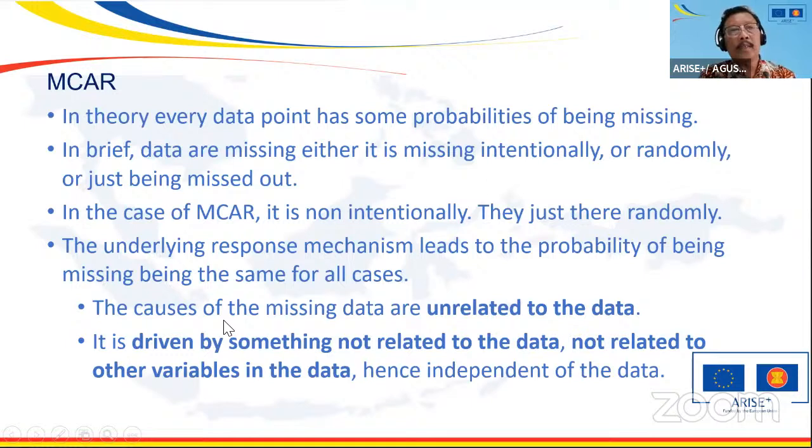MCAR, missing completely at random, is really completely at random. This means the missingness is not related to the data, not related to any variables in the data. It just happened randomly.